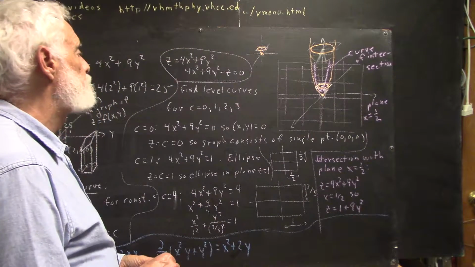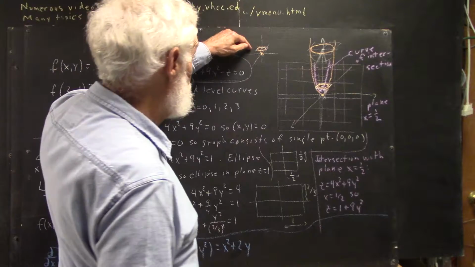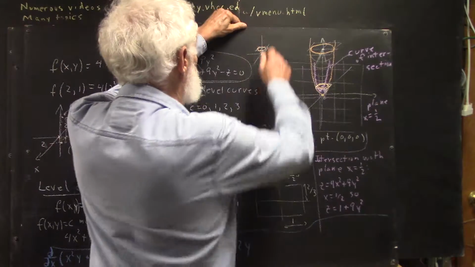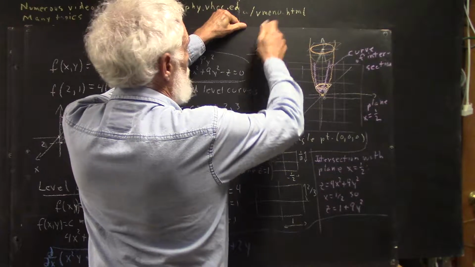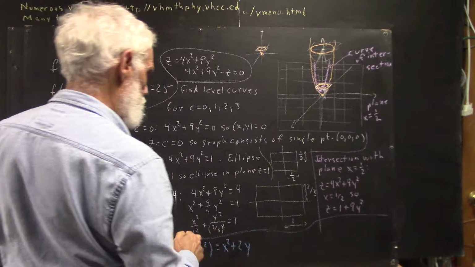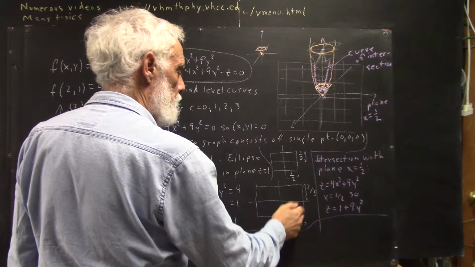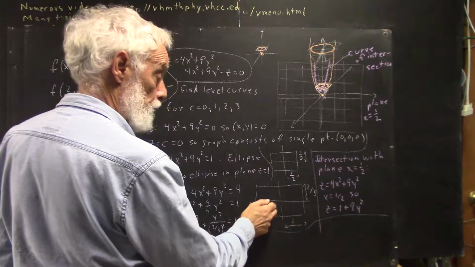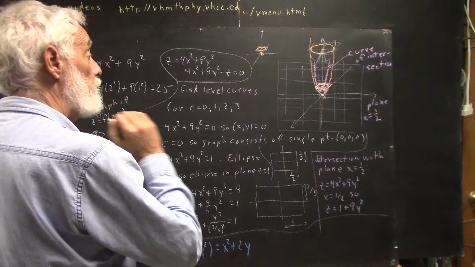Well, that gives us a similar picture to this, but it's up 4 units high, so we have to come up here 4 units. Maybe that's 4. And the dimensions here are going to be double the dimensions here. Here's a picture of our rectangle that would occur in the plane where c equals 4, which is the plane z equals 4.